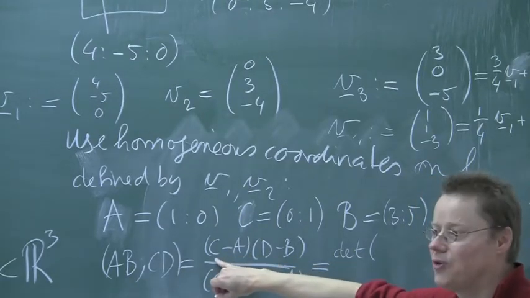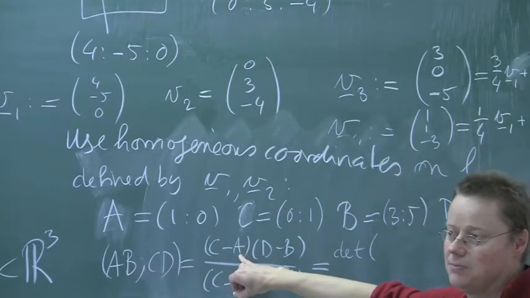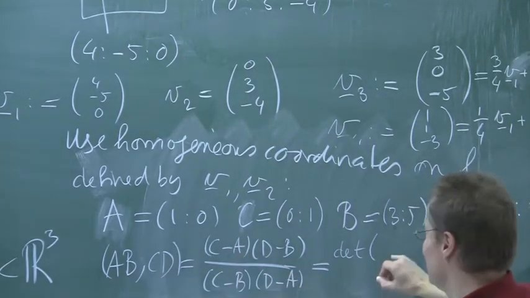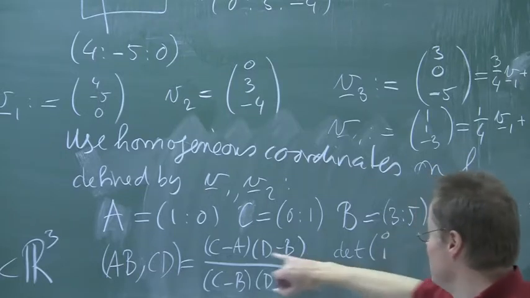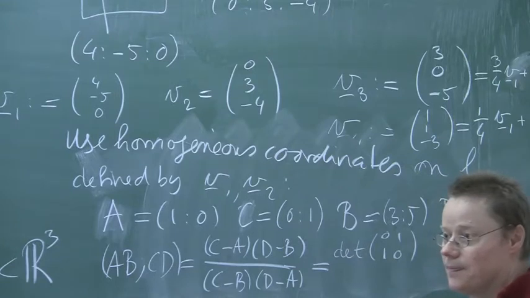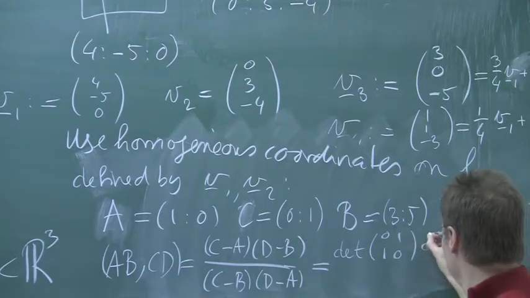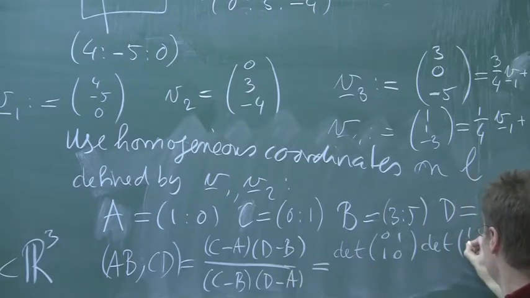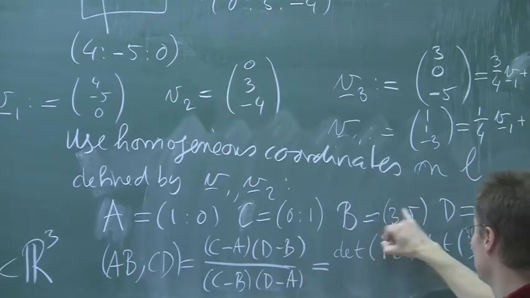Let's take C in the first column and A in the second column. But it doesn't matter as long as you're consistent. C in the first column, 0, 1. A in the second column, 1, 0. And then the determinants, D and B. So 1, 3, 3, 5.